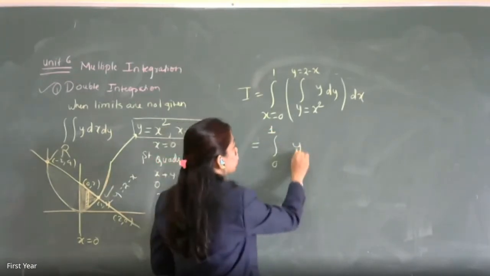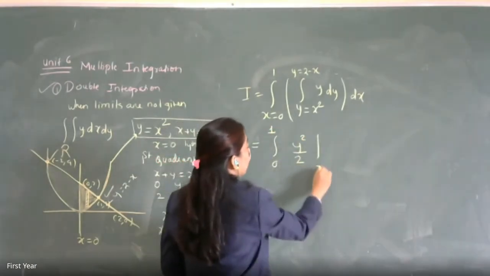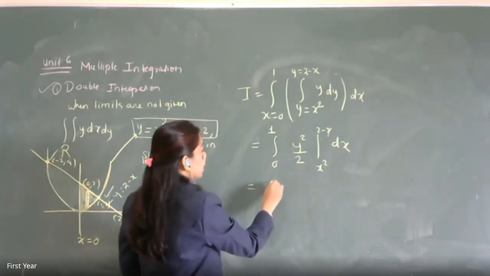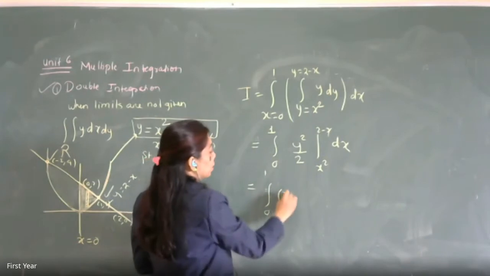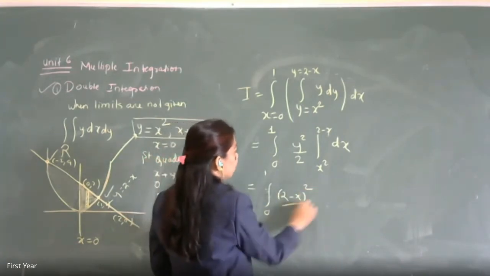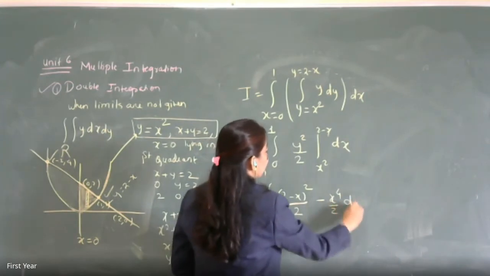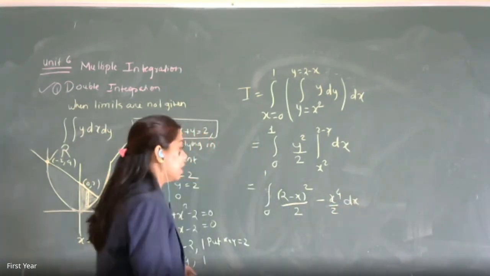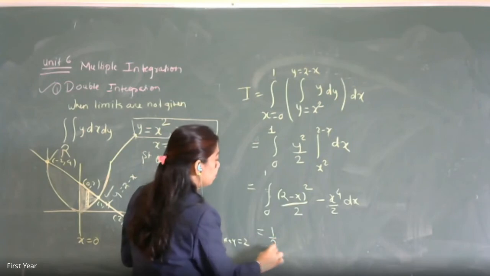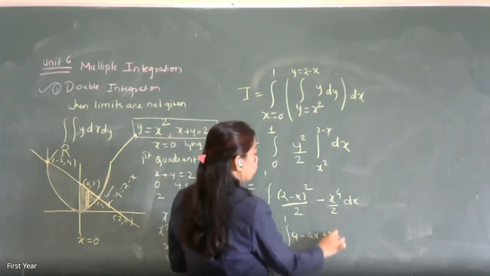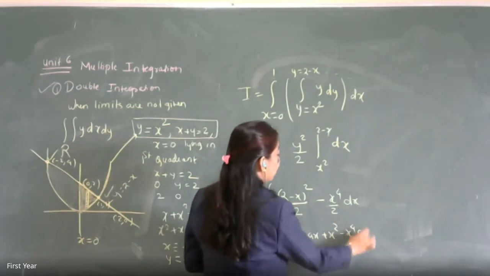Integration of y is y square by 2 from x square to 2 minus x. And that's why integration 0 to 1 is (2 minus x) the whole square by 2 minus x raised to 4 by 2. Do this integration and you get the answer. So you can take 1 by 2 common. Integration 0 to 1, 4 minus 4x plus x square minus x raised to 4 dx.